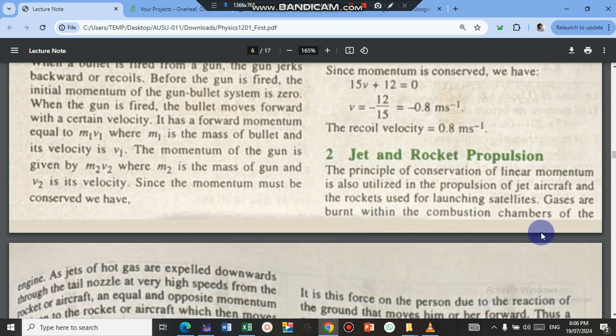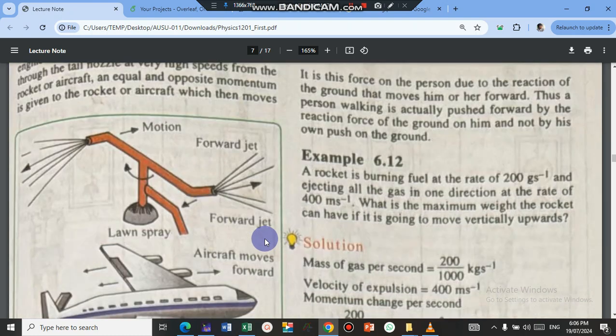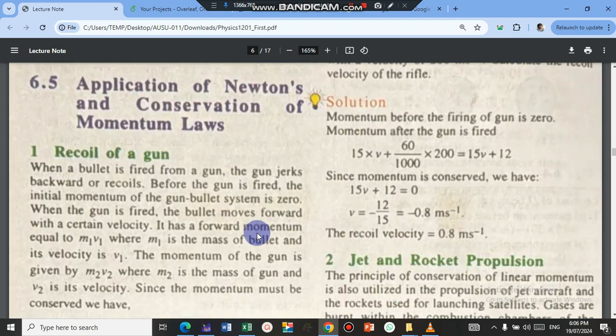Gases are burned within the combustion chambers of the engine as jets of hot gases are expelled downwards through the tail nozzle at very high speed from the rocket or aircraft. An equal and opposite momentum is given to the rocket or aircraft, which then moves. Okay, I'm going to explain that.